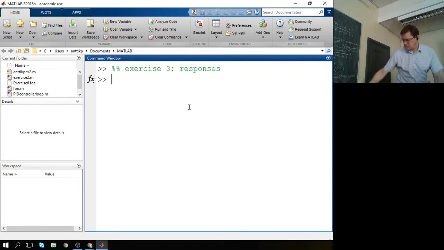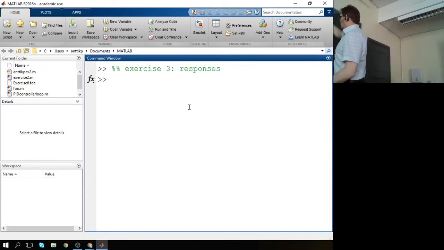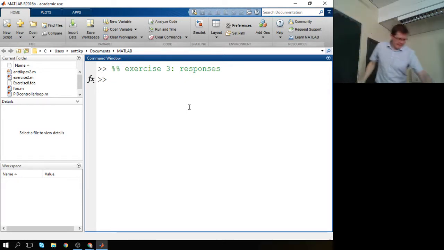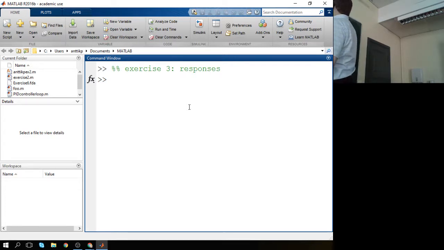So this is the exercise 3 responses. First, let me create my system from the zero pole plot. If I remember it correctly, I had a zero at 1, another at an angle of 5 pi over 9. Then I had these 3 poles.